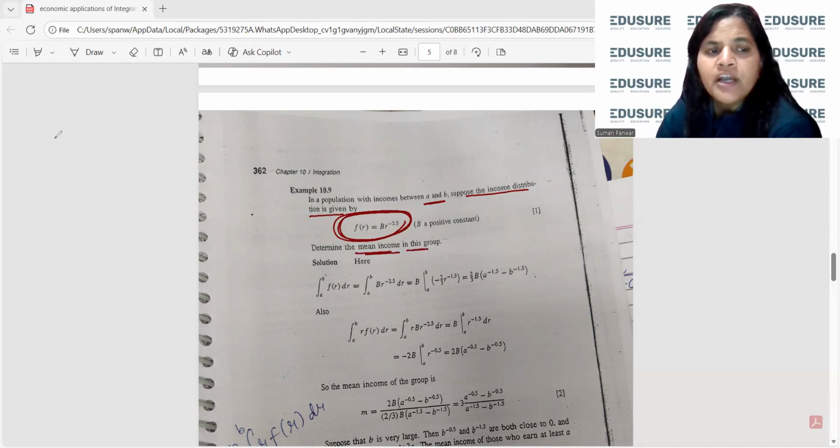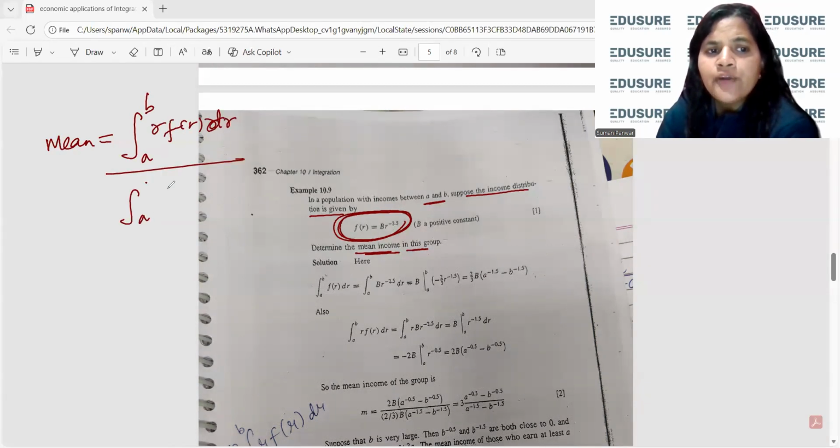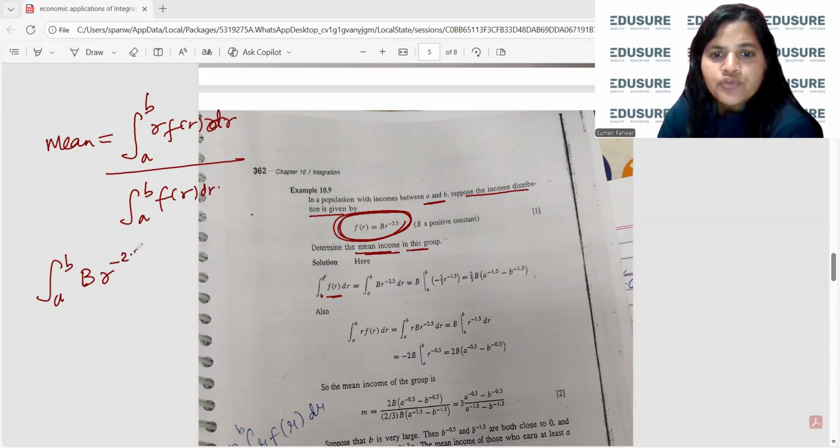So mean income was the integration from A to B of R F R dR divided by the integration from A to B of F R dR. That's it. So first we calculate the integral from A to B of F R dR. So it is B R power minus 2.5 dR.